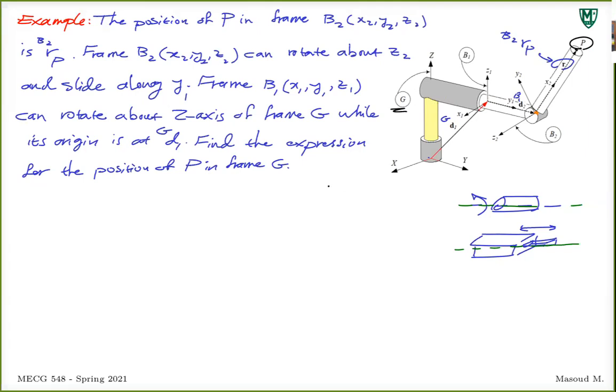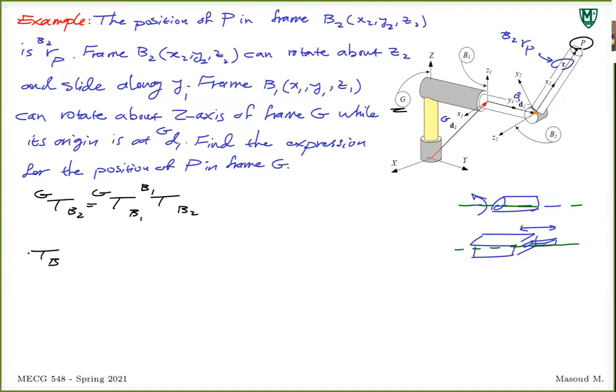Go from B2, where you know the coordinates, to G. So T, B2 to G, which basically means you have to go from T, B1 to G, and T, B2 to B1, a successive transformation. Once you find this transformation matrix, any point whose coordinates you know in frame B2, you can find its coordinates in frame G using this transformation matrix.